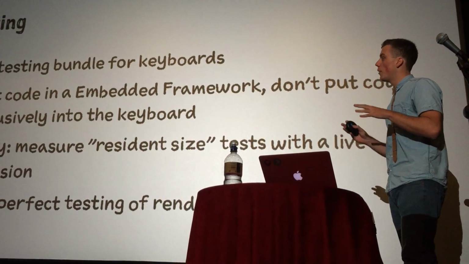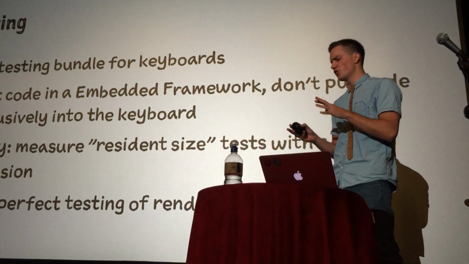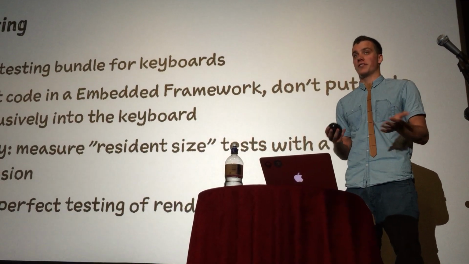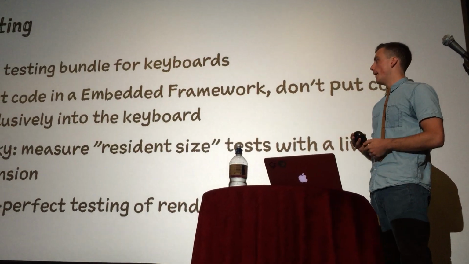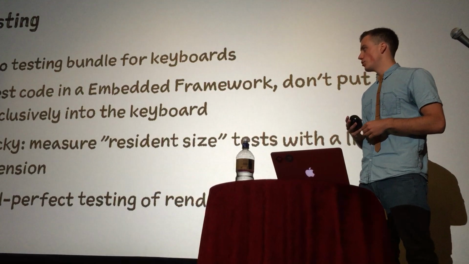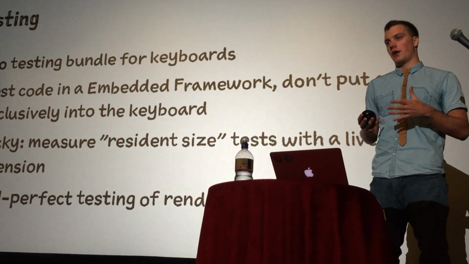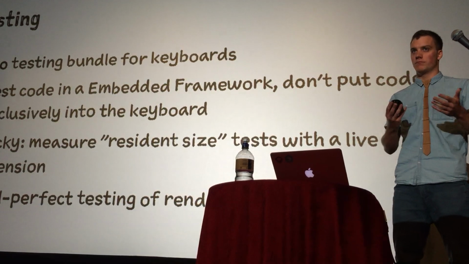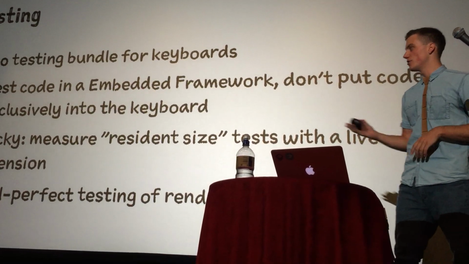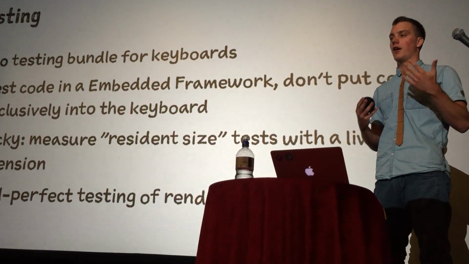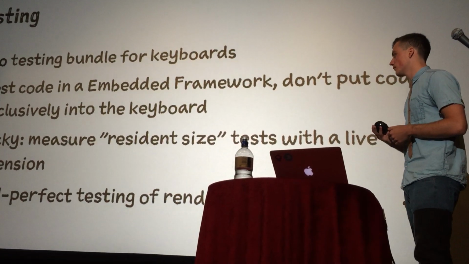It's a bit hacky, but it gave us a good way to measure how much memory our keyboard takes during typing and during loading. Resident size is just one measure of memory on iOS, which is not terribly reliable when it comes to Jetsam and your app being killed, but it's the closest thing we get. Unfortunately, there's no API to measure memory this way, but hopefully there will be soon.